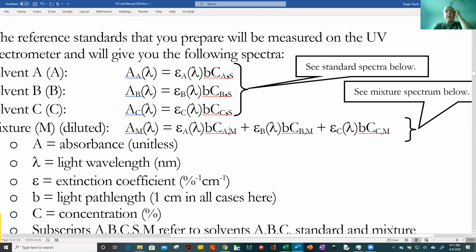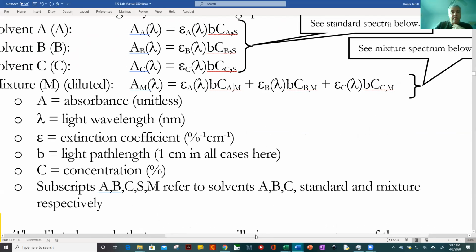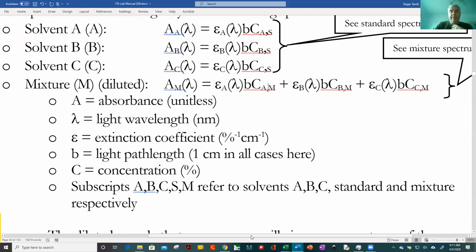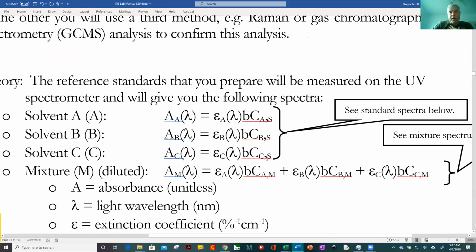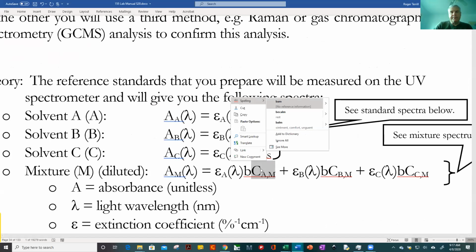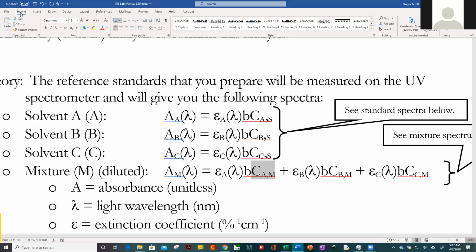Okie dokie. So how can we use these equations to get to these three unknowns? These are basically the unknowns here. I want to highlight them.